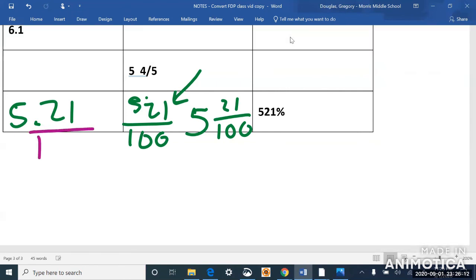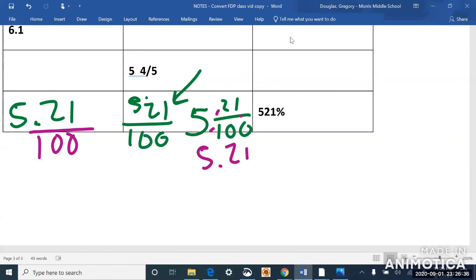We dropped a 1 under the decimal and a 0 for each digit. Let's do that backward. Here I have 5 and 21 hundredths, okay? So the decimal is obviously going to be here, or the 1, okay? The 1 is making the decimal. So it's 5.21. I'm just doing the opposite of what we did earlier, okay?